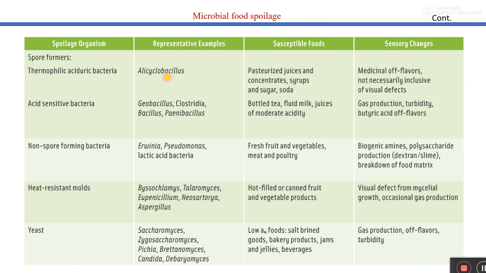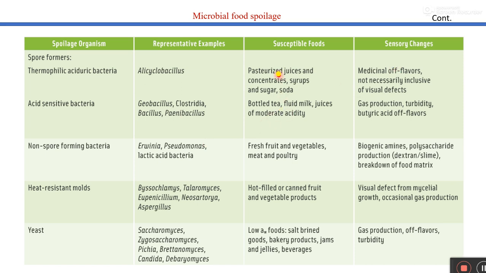Now in this table you can observe the different kind of bacteria and fungi which generally lead to food spoilage.